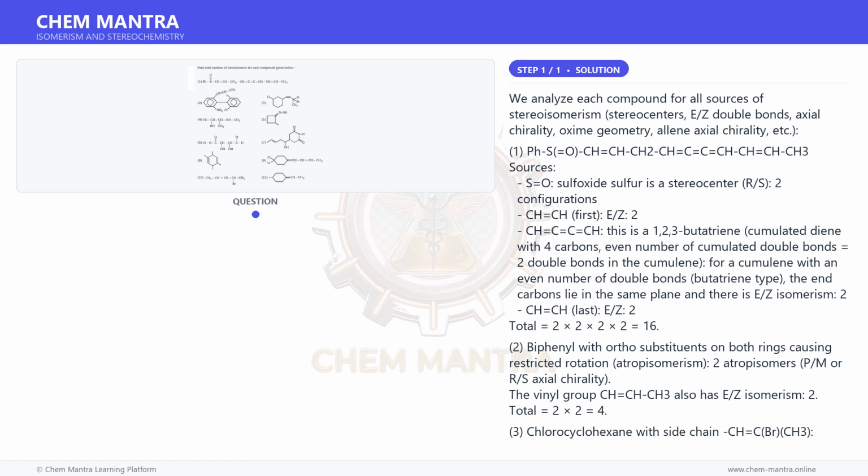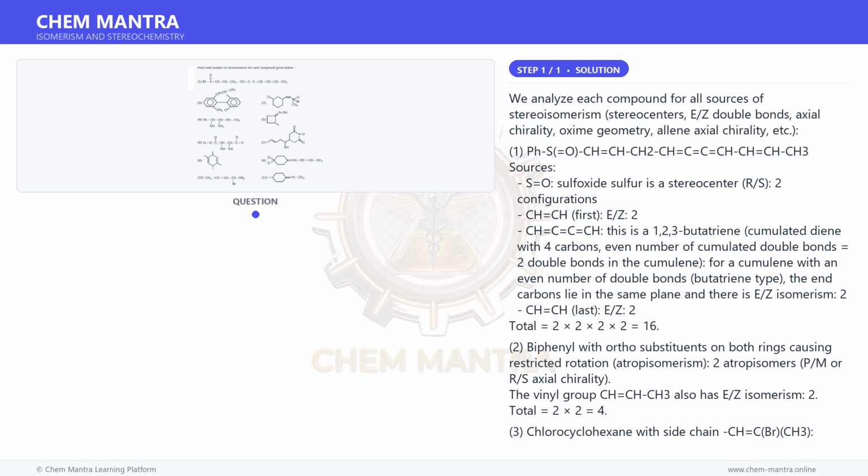However, the answer given is 4, meaning the molecule is not meso, the 2 ends are different, one end is COOH, the other is CHO, so no meso form, 4 stereoisomers. 7. Oxolane ring with OH and butanol substituents. 2 stereocenters, the carbon bearing O and the ring carbon bearing the chain, 2 squared is 4.